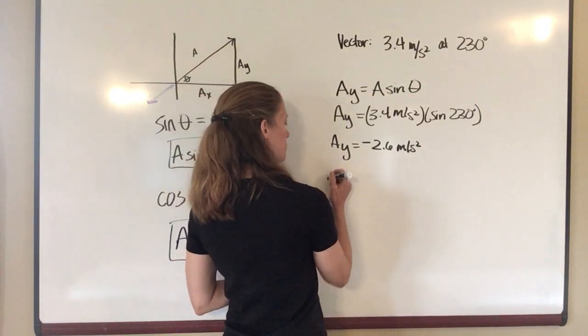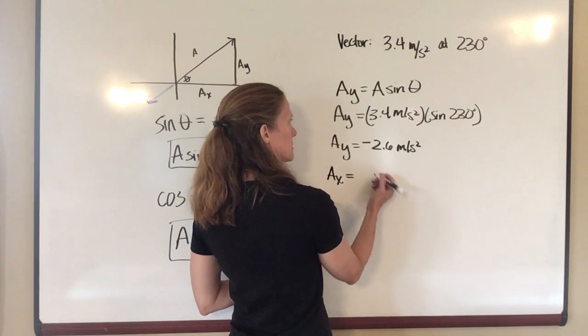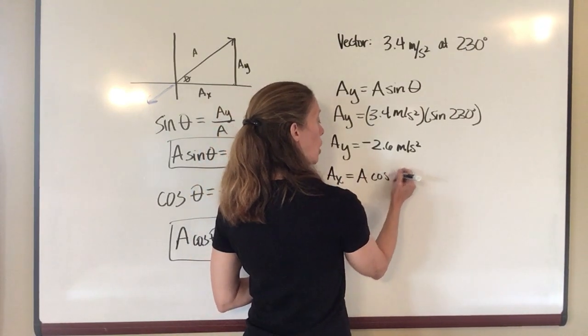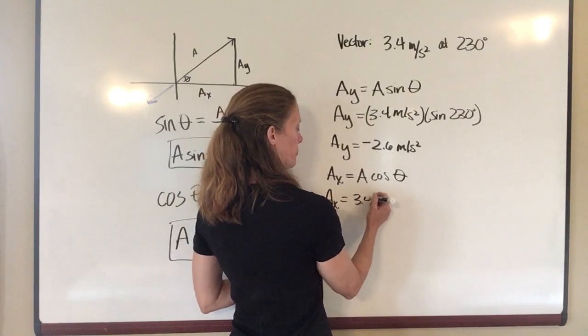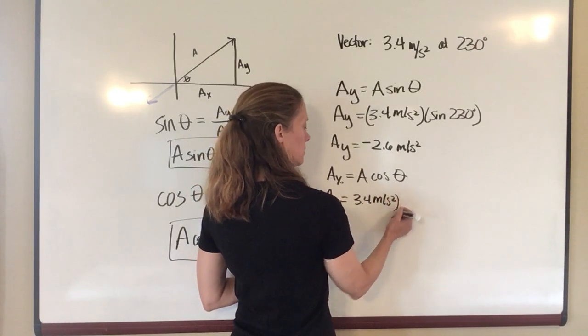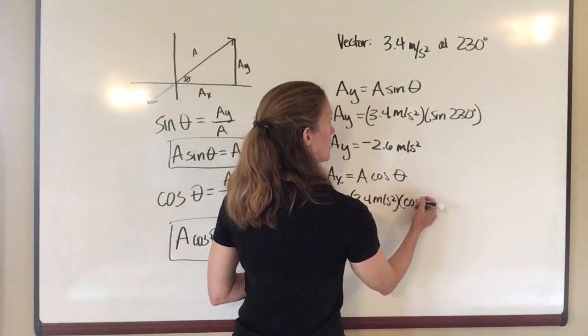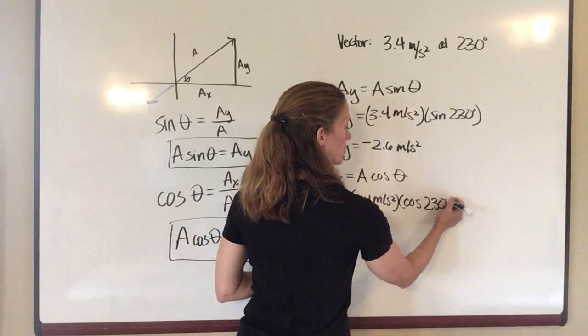Okay, now let's check the x component. A sub x equals A times the cosine of theta. So the x component is going to be 3.4 meters per second squared times the cosine of 230 degrees.